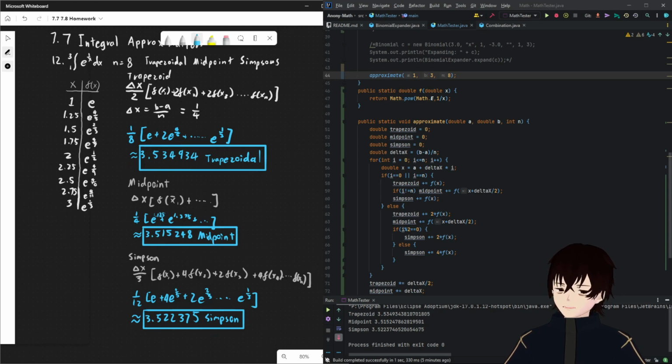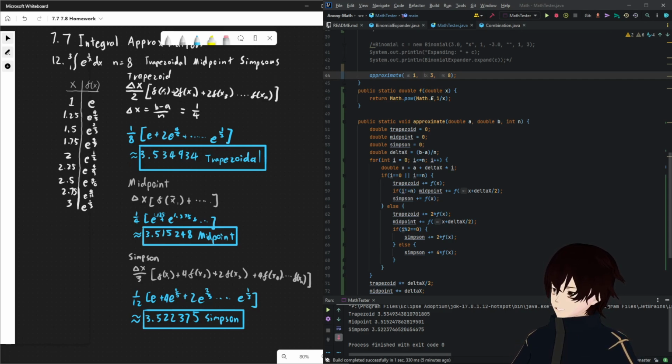Now I want to check the actual answer. Is there a calculator online that I can type it into? Let's see. Ooh, Sundal Lab coming up with a Simpson's rule calculator. This is probably much better than mine. Let's see. Integral from 1 to 3, but e to the power of 1 over e.